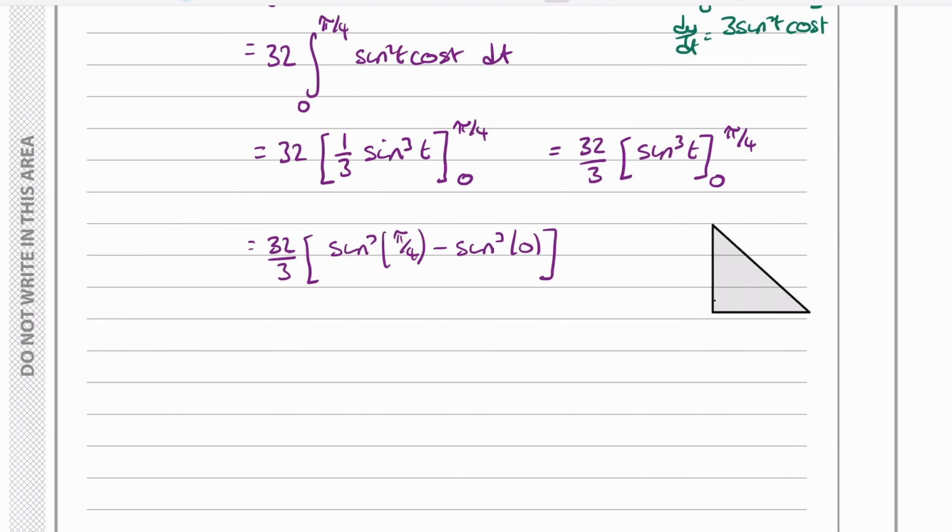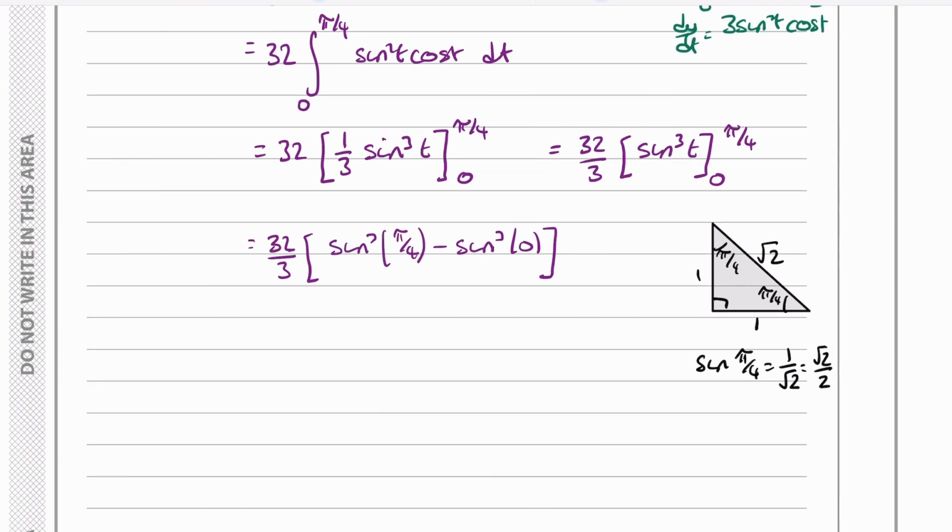We have our special triangle, where each of these angles are pi over 4, and the hypotenuse will be root 2. So the sine of pi over 4 will be the opposite divided by the hypotenuse, so 1 over root 2. I'll rationalize the denominator, and we get root 2 over 2.